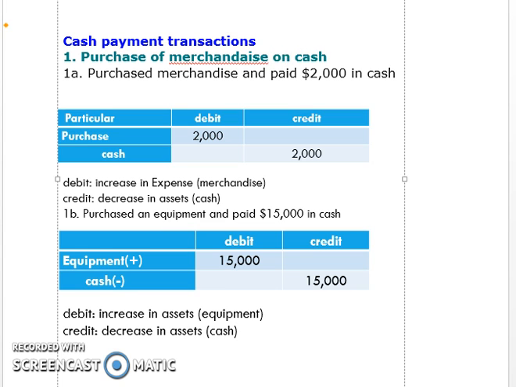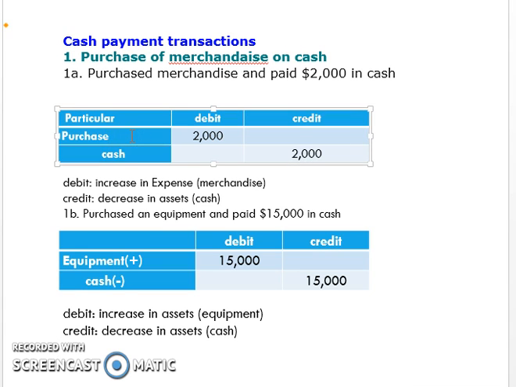In this transaction, whenever we purchase merchandise, it is categorized as an expense. So in this case our expense increases, so we need to write purchases on the debit side, and when cash decreases we need to write on the credit side.